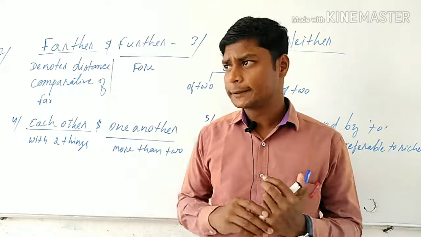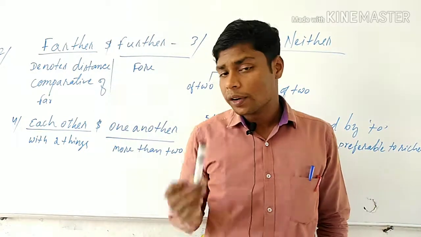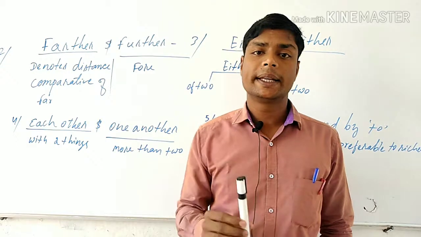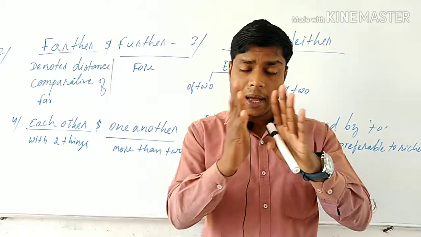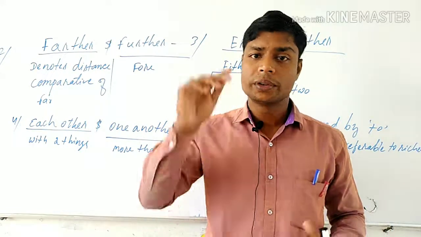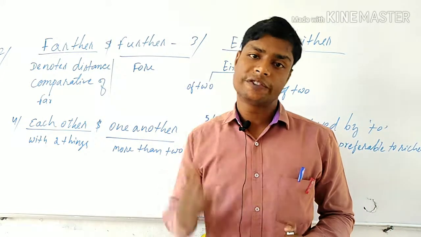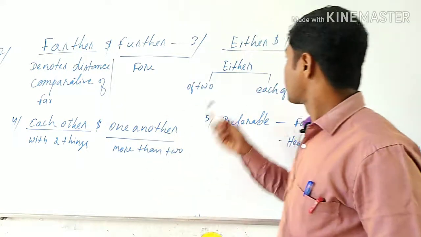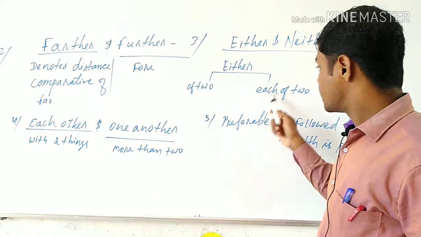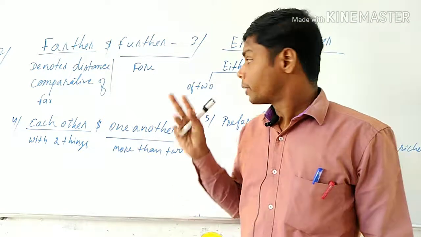For example, when we say either of you two has to get the school fee, that means one among you has to get the school fee. So thus we say either means one of two. Then comes another one, each of two. So it has two meanings.